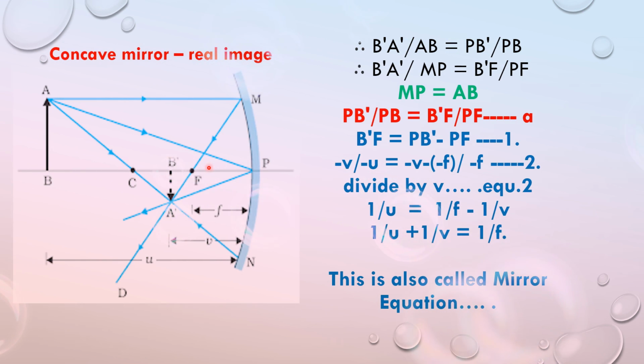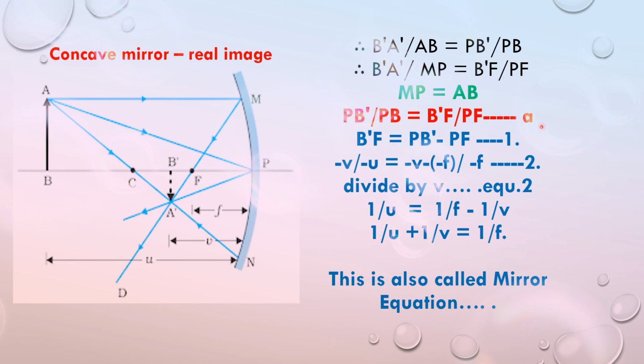So we can write that MP is equal to AB, because here see this is M and this is P and it is almost equal. No, it is very well equal to AB, of course. So we can write MP is equal to AB. So now we can write AB instead of MP. That's what we are equating in both equations.